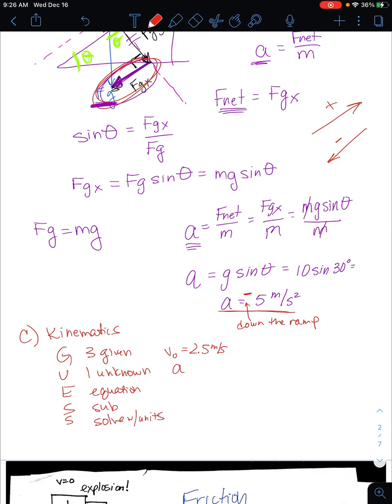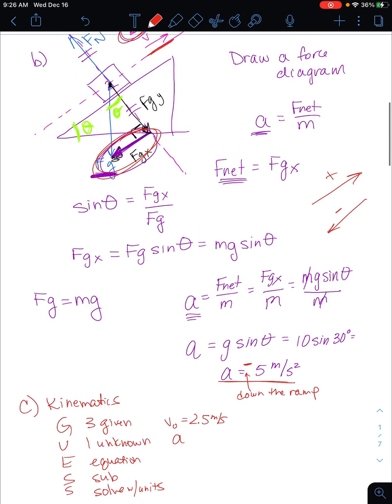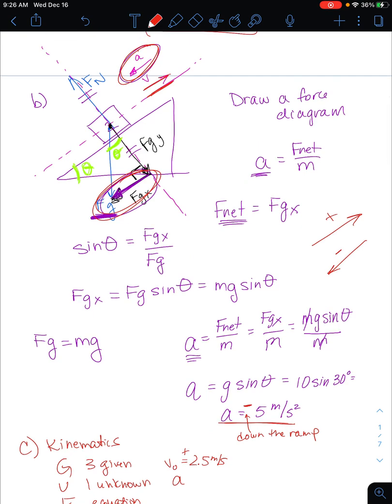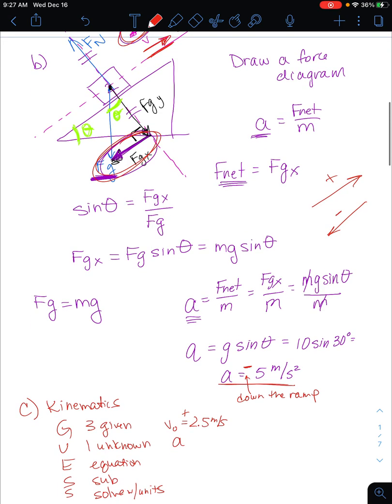And then I just solved for my acceleration. And so I'm going to call 2.5 meters per second positive because the cart was going up the ramp in this positive direction at 2.5 meters per second. But the acceleration is down the ramp, so I'm going to call that negative 5 meters per second squared. And I want to solve for the distance that the car goes before it stops.